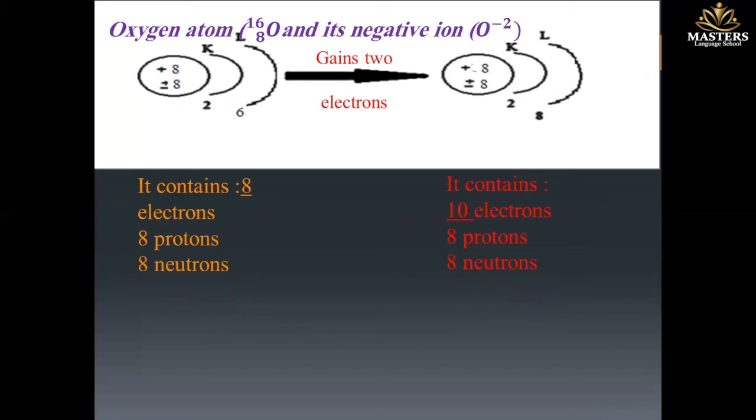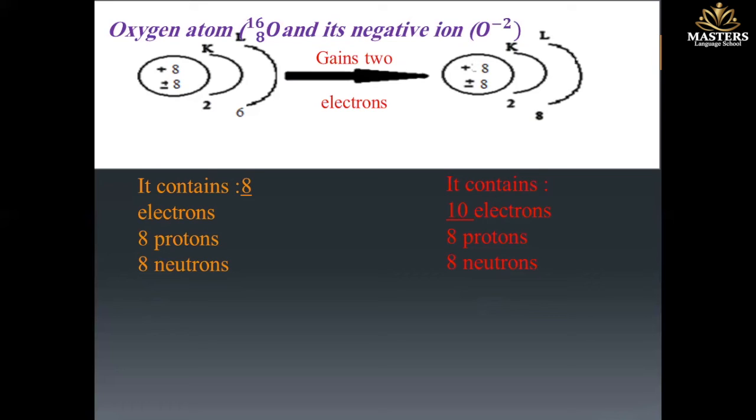When oxygen participates in the chemical reaction, it tends to gain 2 electrons to make the outermost energy level saturated with electrons. So, the oxygen negative ion contains 10 electrons, 8 protons, and 8 neutrons.